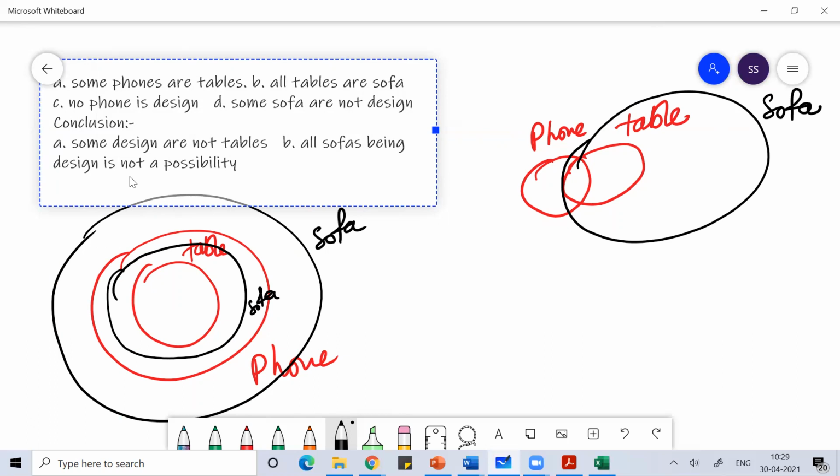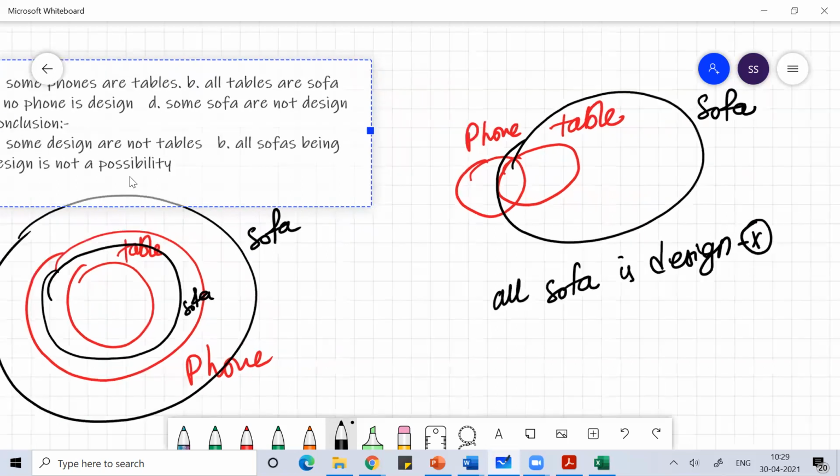Okay, no phone is designed, and some sofa are not designed. Some sofa are not designed means that all sofa are designed is definitely not true.